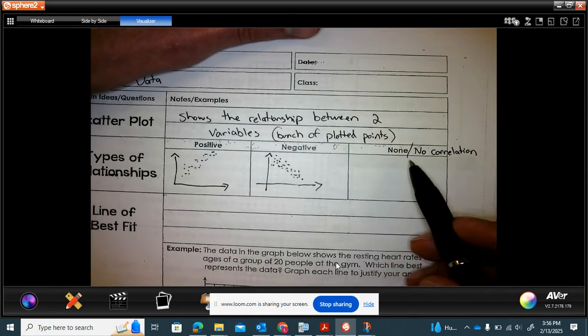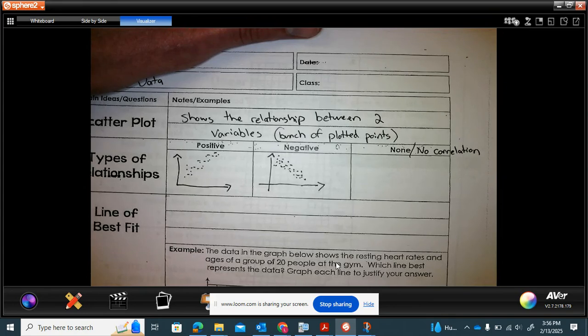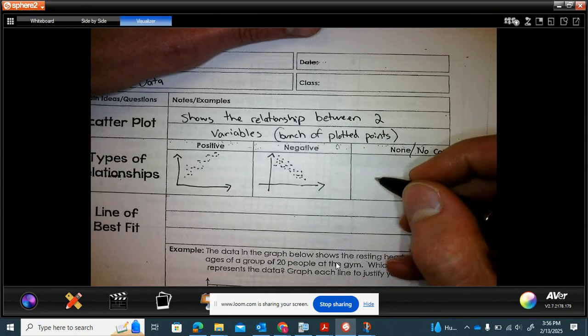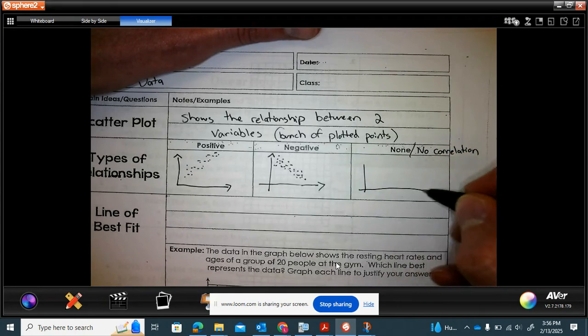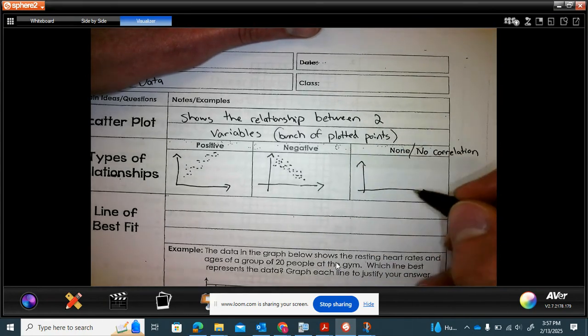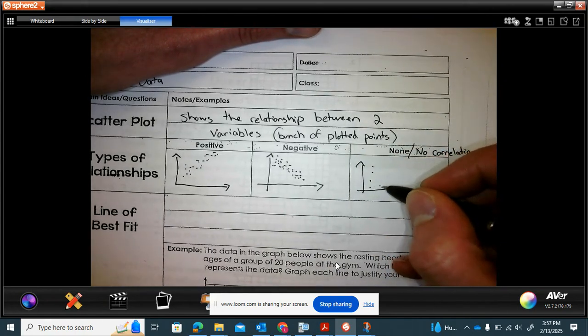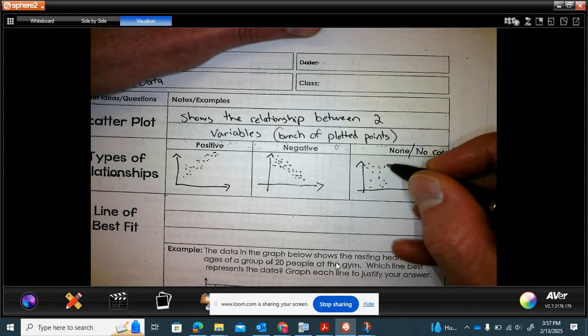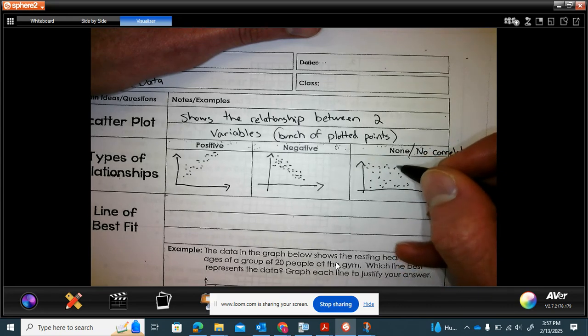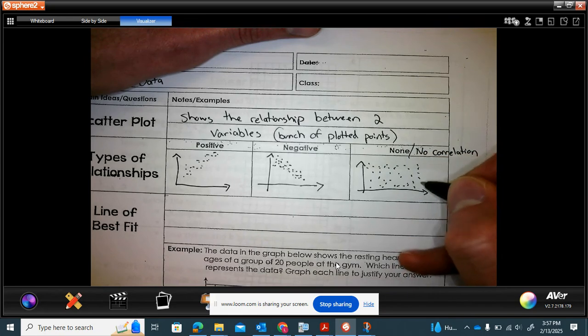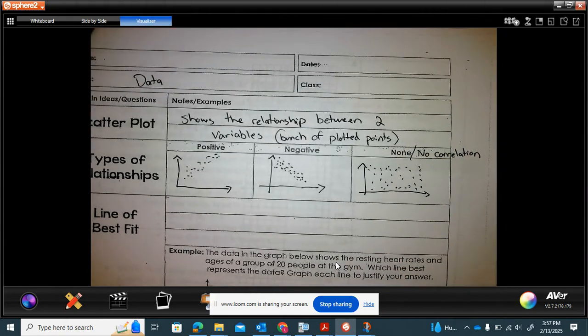And if there's no relationship between the x and the y, or no correlation between the two, it would look like this. You've got your axes, and you just have a bunch of plotted points, and you really can't tell. It's not going positive, it's not going negative. There's no correlation, or there's no relationship between your x values and your y values.